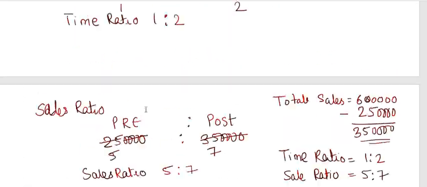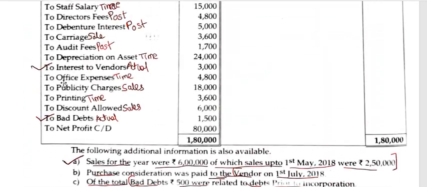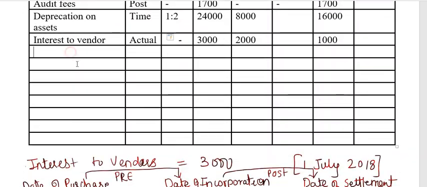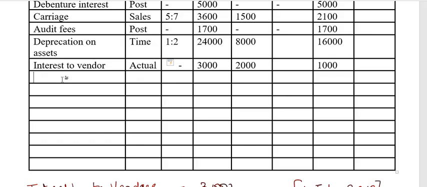After interest to vendor we have office expenses. We have to distribute on the basis of time, and amount of office expenses is 4800. Time ratio is 1:2.